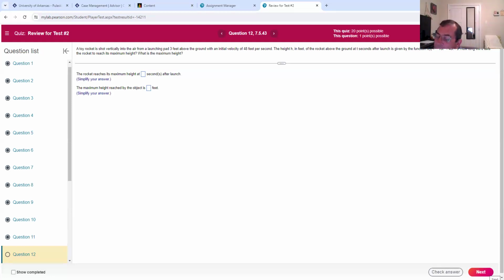So time is the variable for this one: -16t squared plus 48t plus 3. They want to know how long it takes to reach maximum height, and then what the maximum height is.